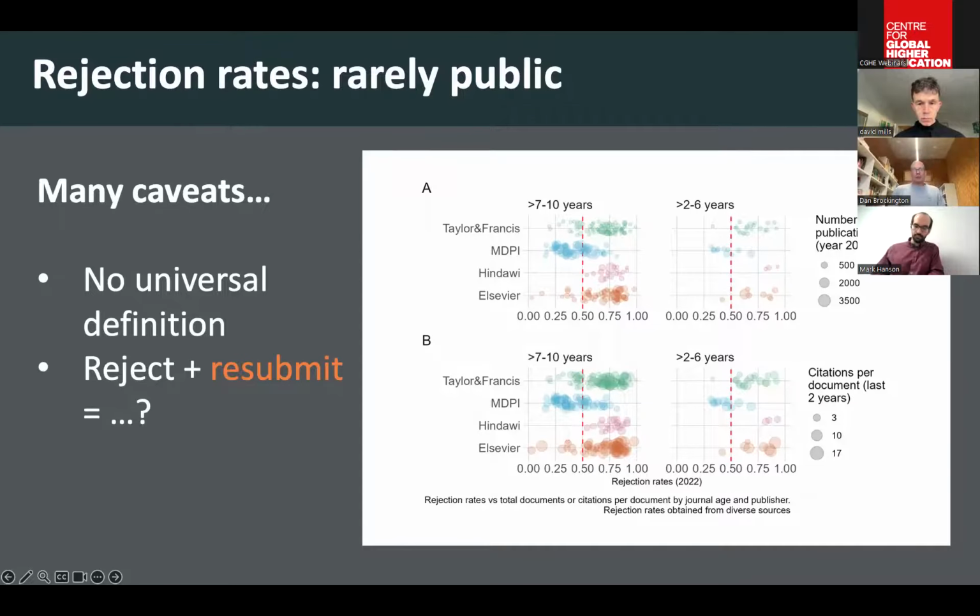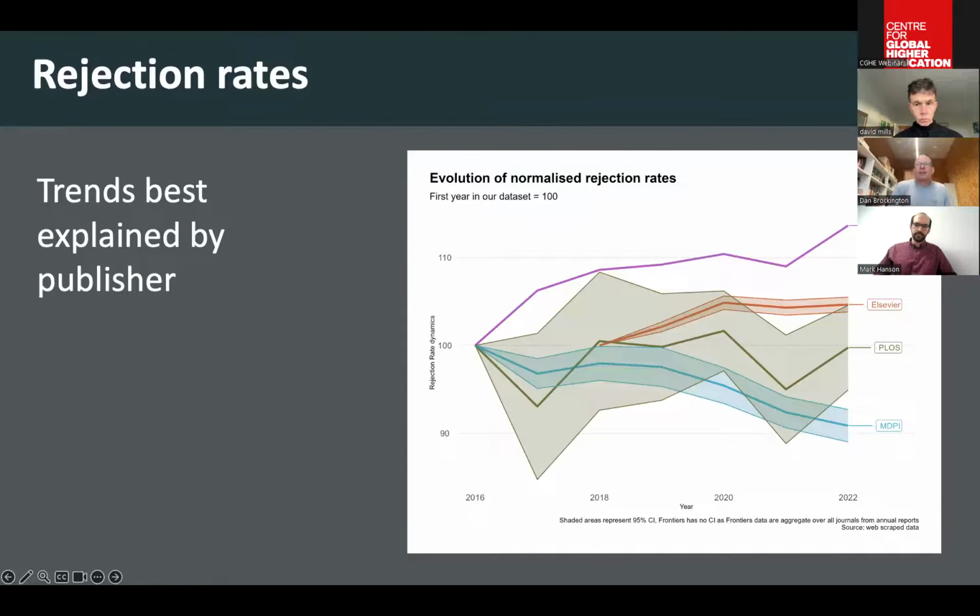And it's also possible for rejection rates to be calculated within a calendar year or from the time of each journal's submission. We split up rejection rates according to the age of the journal, according to the citation rates of the material coming out. And we tried to look for patterns within the data to explain what might be causing changes in rejection rate. Basically, we found that the most important factor in explaining change in rejection rate is the publisher itself.